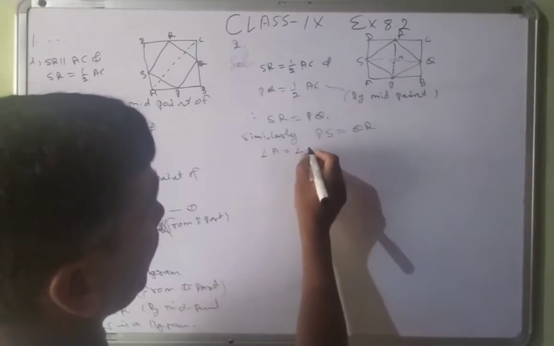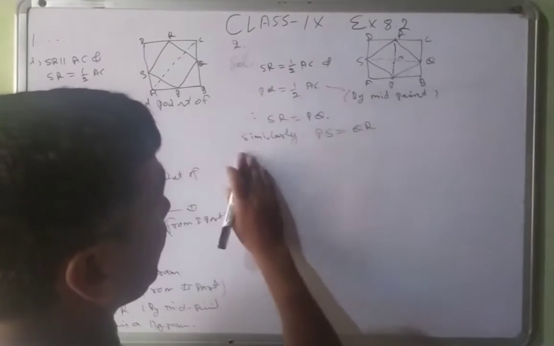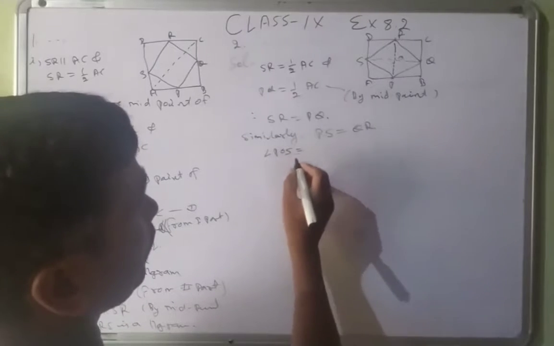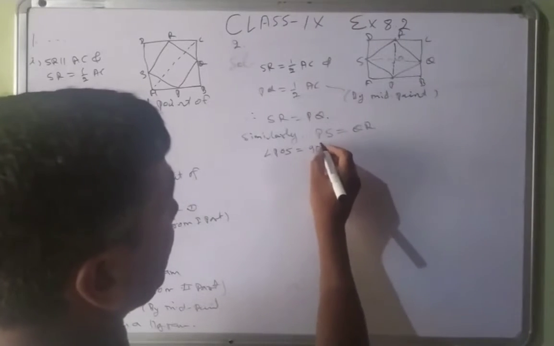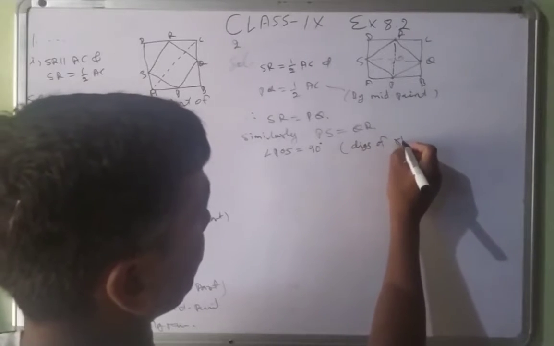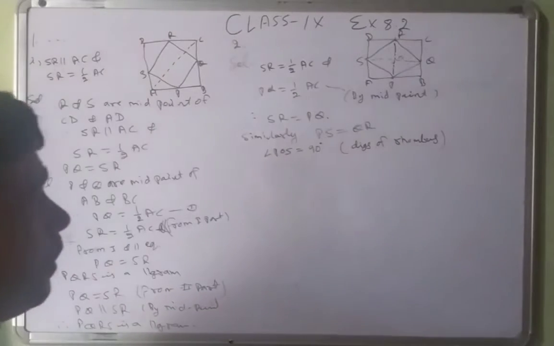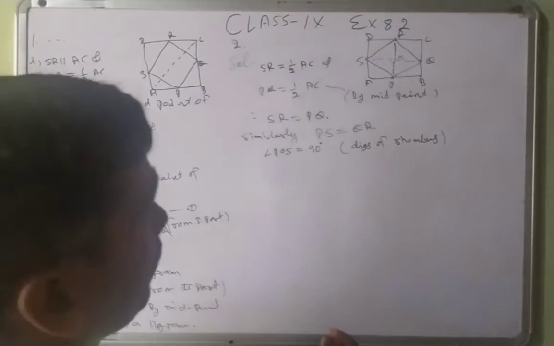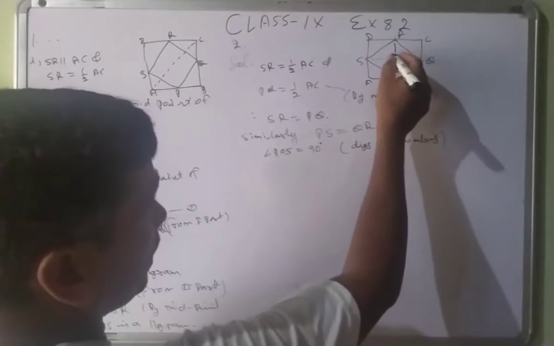Angle POS is equal to 90 degrees, because the diagonals of a rhombus intersect at 90 degrees. Similarly, this will also be 90 degrees, and this also.